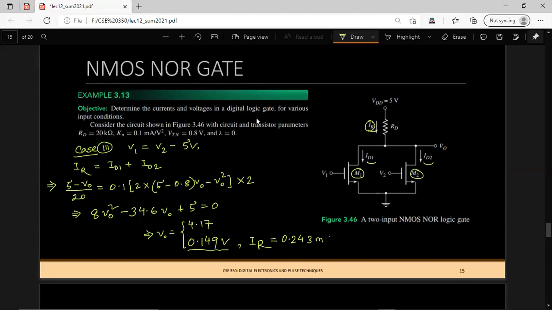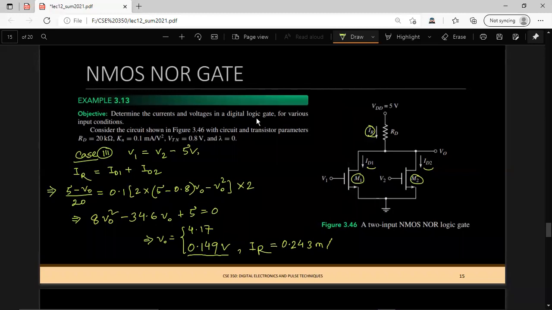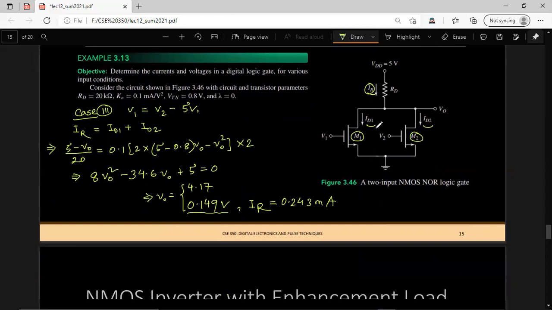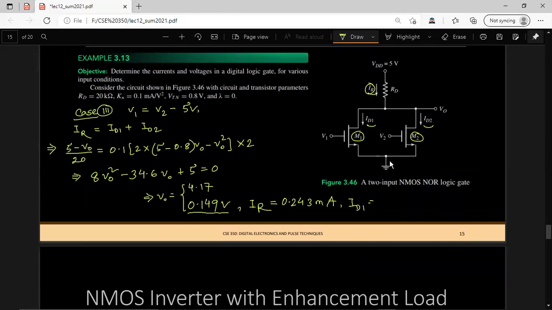Because of the symmetry, the current splits into equal parts through the M1 and M2 transistors. So ID1 equals ID2 equals IR divided by 2, and that is 0.121 milliampere.